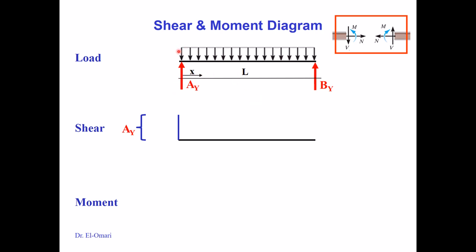And then we move, if you take a cut. The other important note: if we know that this is a constant, then we know that the shape of the line has to be linear. So it will be a line that goes to the other side of the beam.